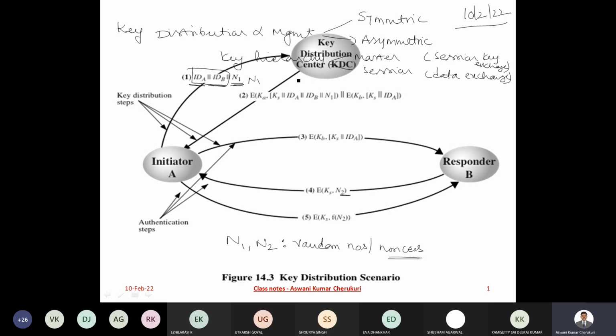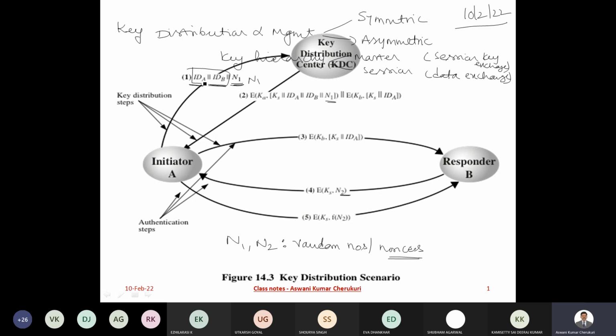Now the KDC is responding to this request from A with an encrypted piece of communication. Yesterday we discussed it in the form of a box, and within that box there was another box. The same philosophy applies here, except that you have N1 added.